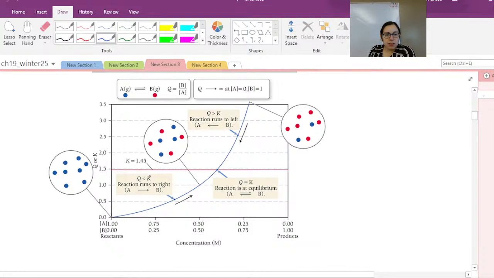If we calculate Q and it's less than K, then obviously it's going to want to proceed in the forward direction. If it's greater than K, it's going to want to go back in the reverse direction.